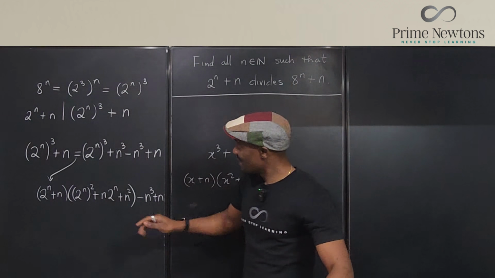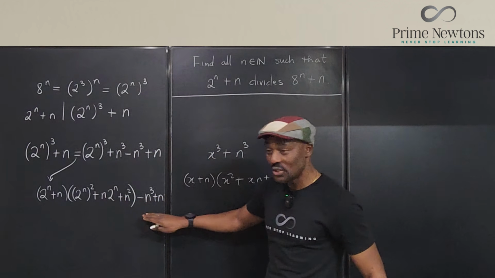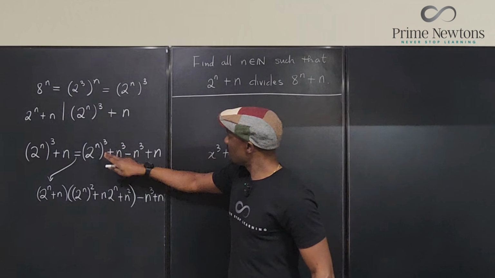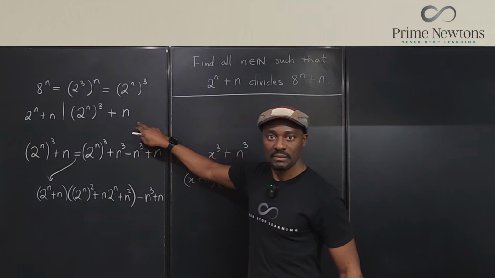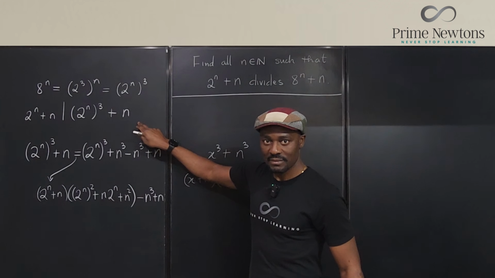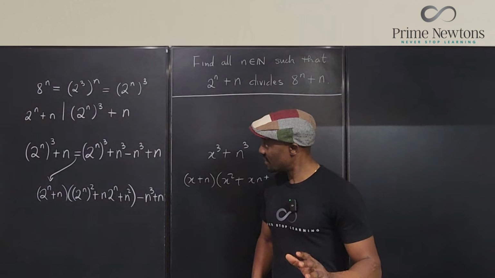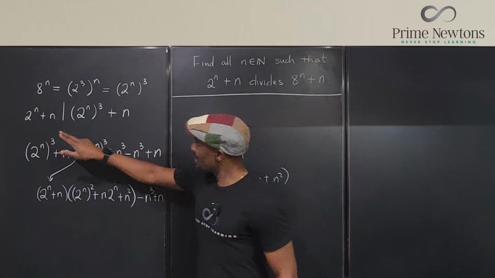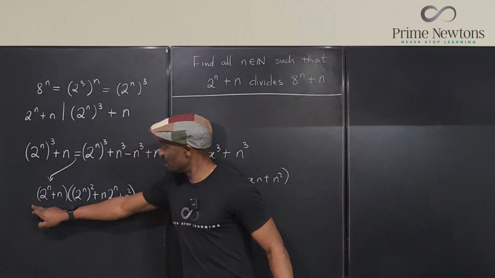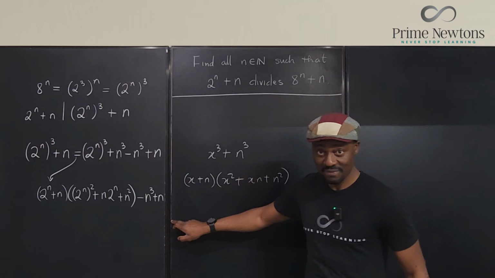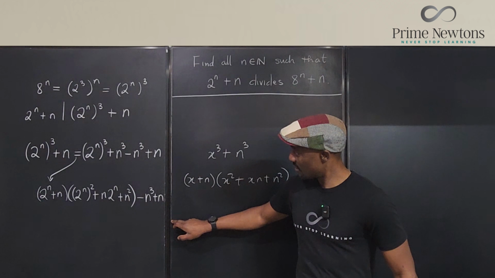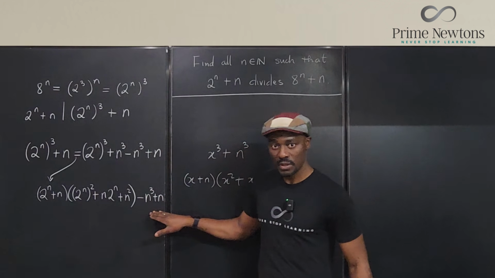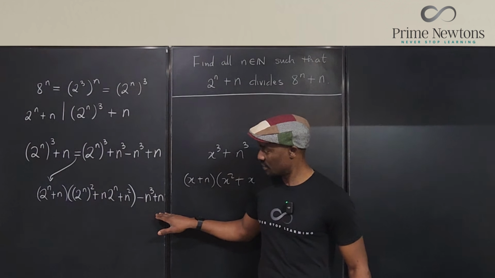Don't forget that this long thing I just wrote is basically the right-hand side. So what I'm going to do is say the only way that this would divide this. By the way, look, we have two terms in this expression.